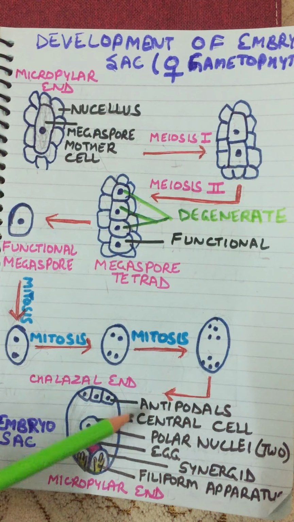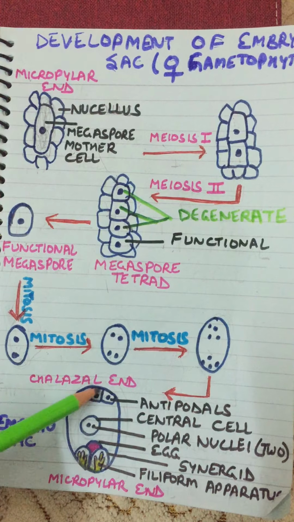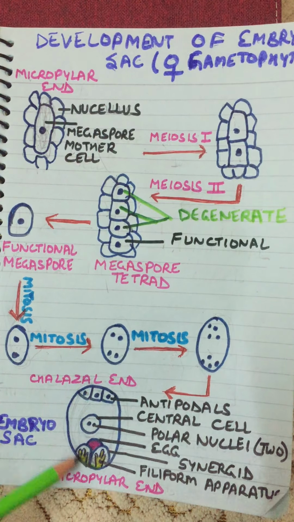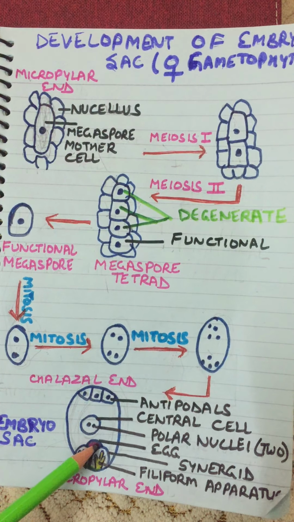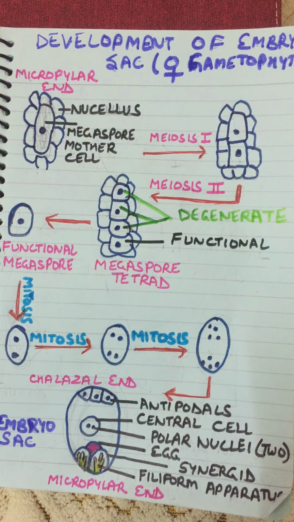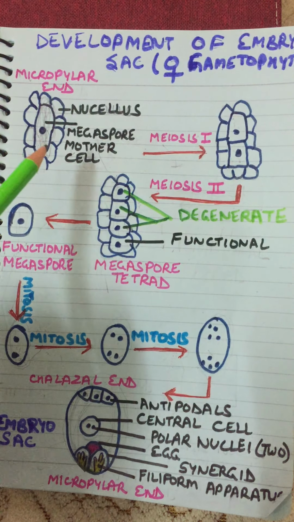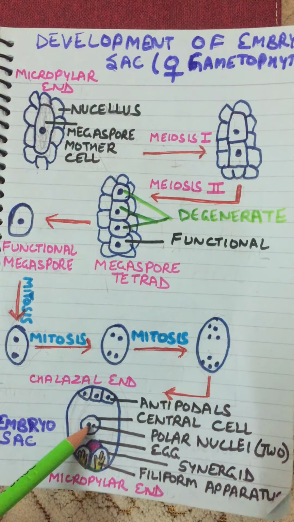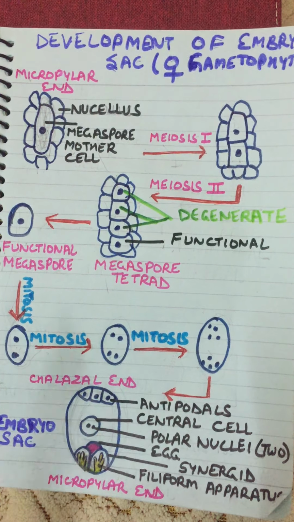Now this whole structure is the embryo sac, which is also called the female gametophyte because it has the female gamete, the egg. So we have discussed that from the megaspore mother cell, 1 embryo sac is formed.